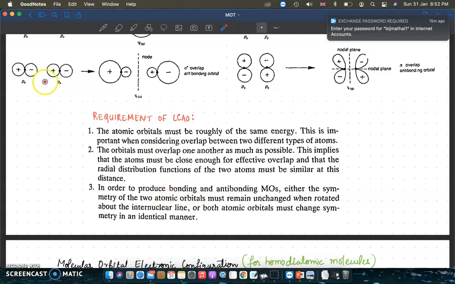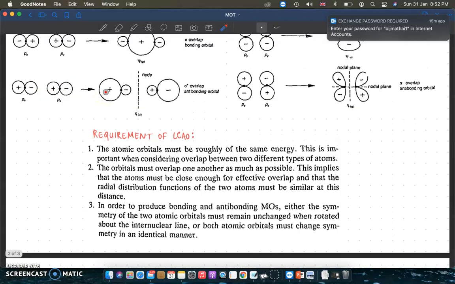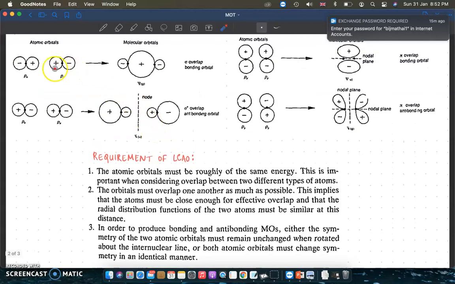You can see here about the internuclear axis, there is no change in the sign, so that's why they are able to be combined here. Here, about the internuclear axis, there is a uniform change: when you move up this becomes negative and this also becomes negative.